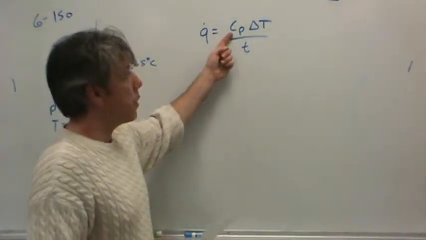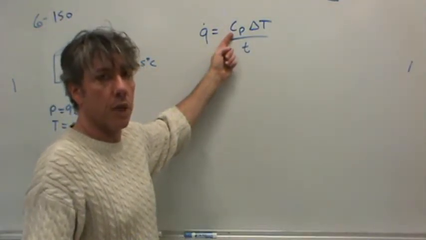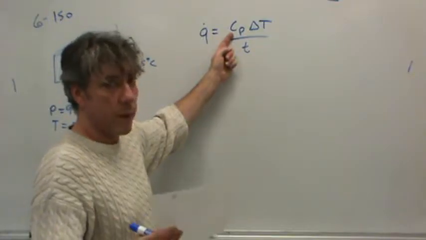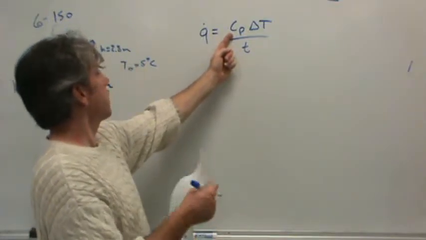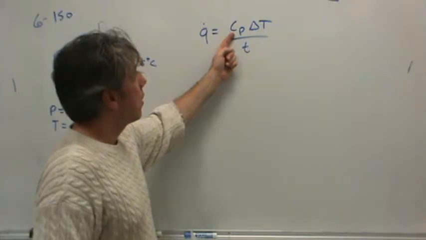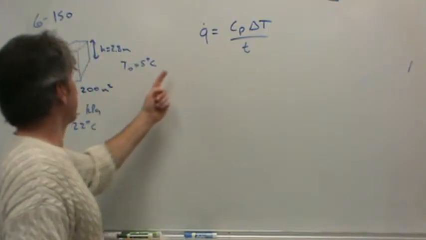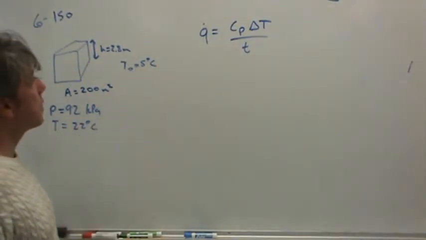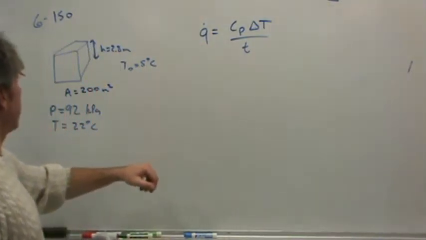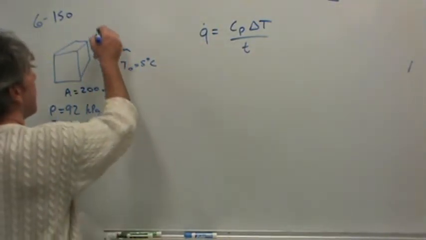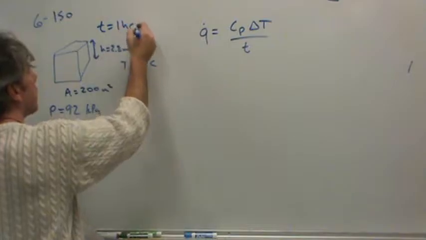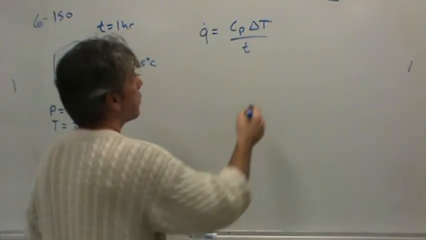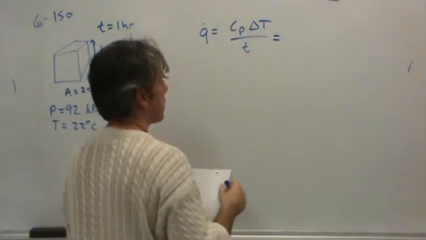This is the per unit mass energy required to change that mass by 1 degree, in our case Celsius, because we're in a metric system. Of course, we've got to change it by the difference between 22 and 5 degrees Celsius. We've got to do that in the 1 hour. That's the time frame. Now, I could have just canceled out the 1 hour, but I thought I'd show you this rate symbol.